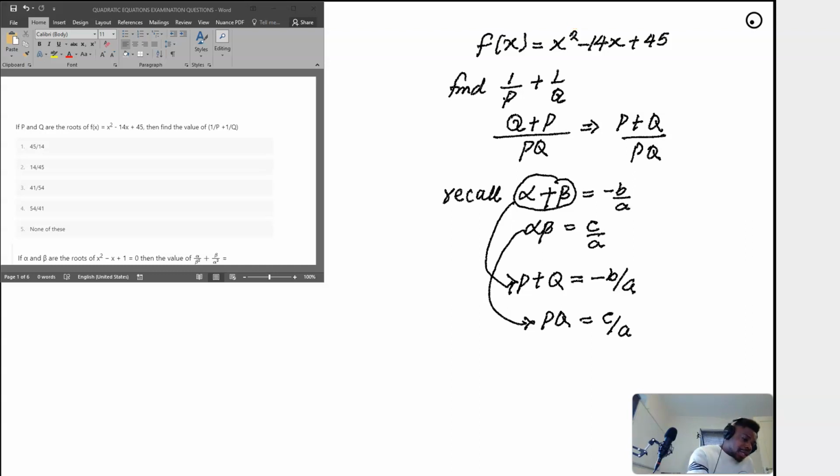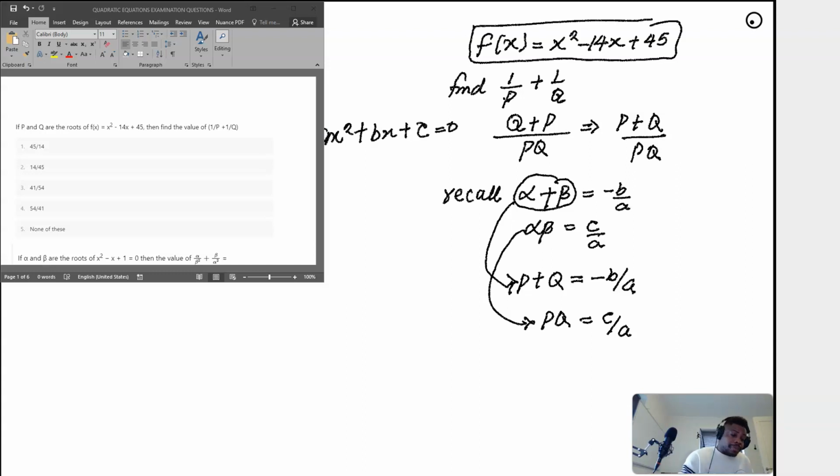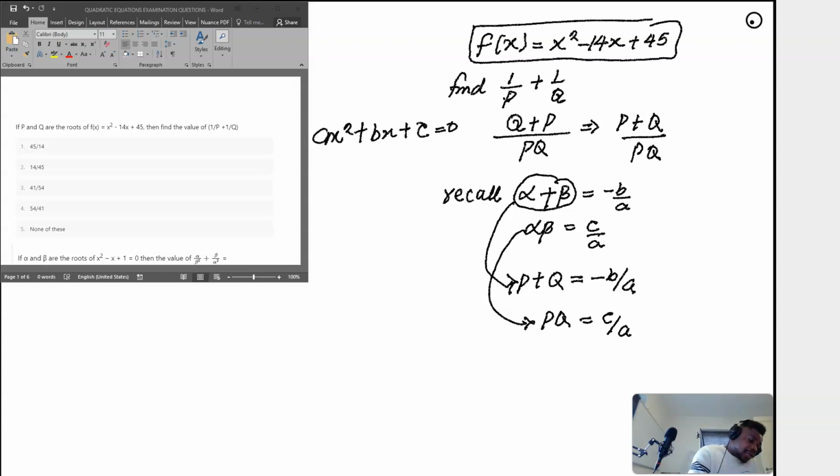From the function given to us, ax squared plus bx plus c equals 0 can be compared to x squared minus 14x plus 45 equals 0.